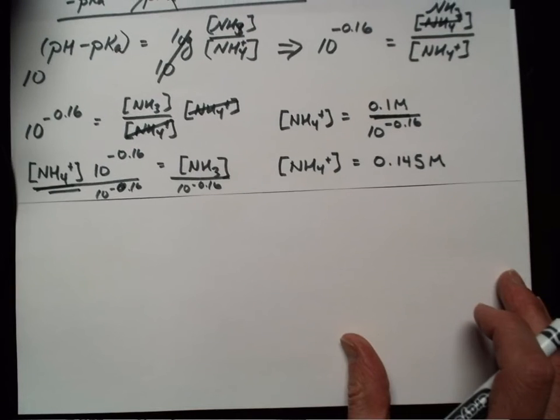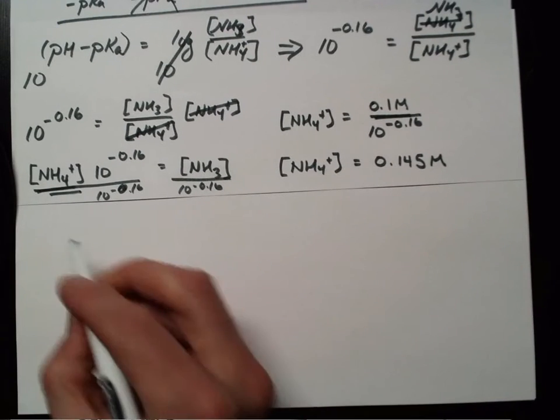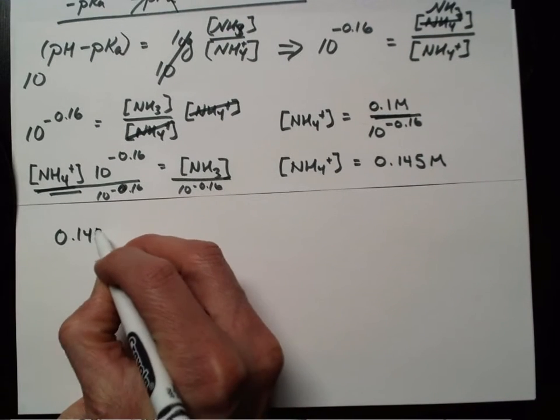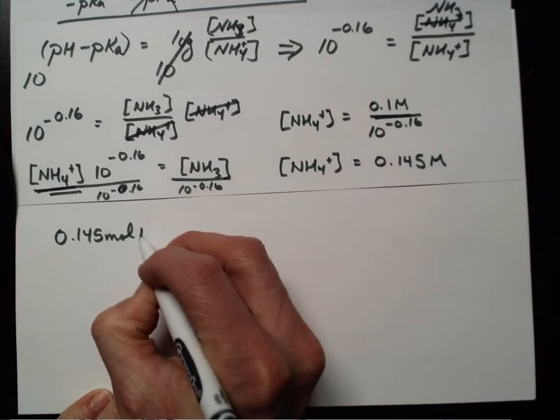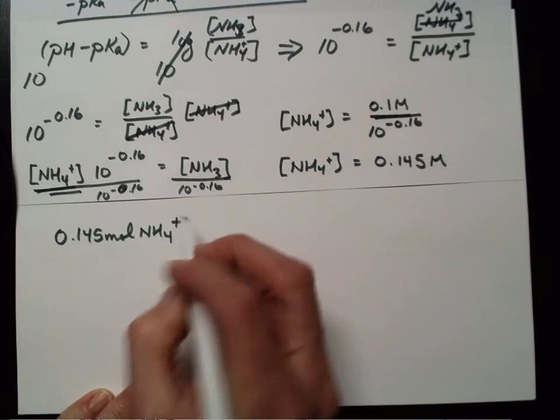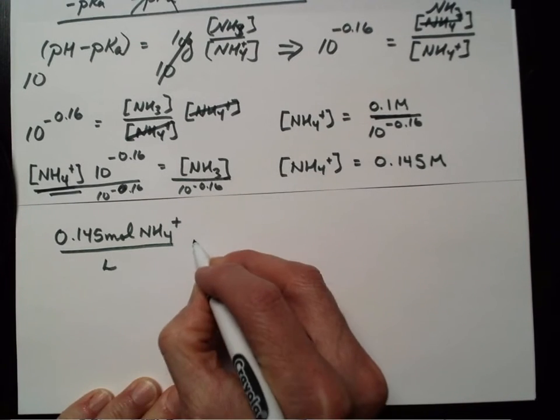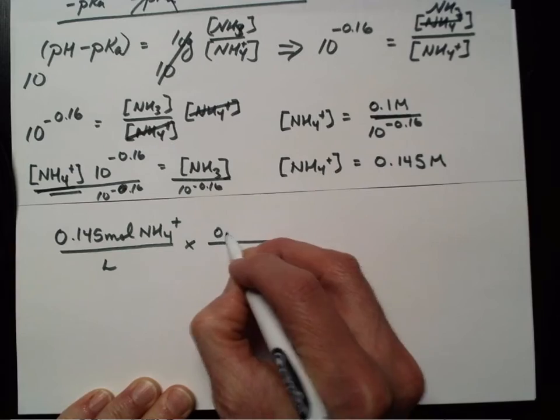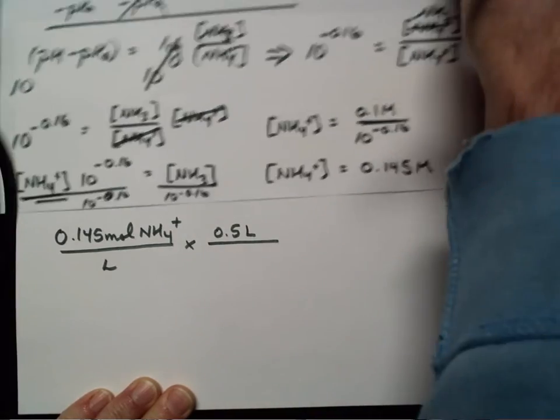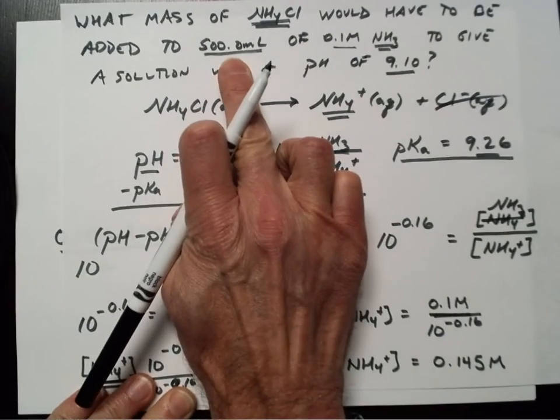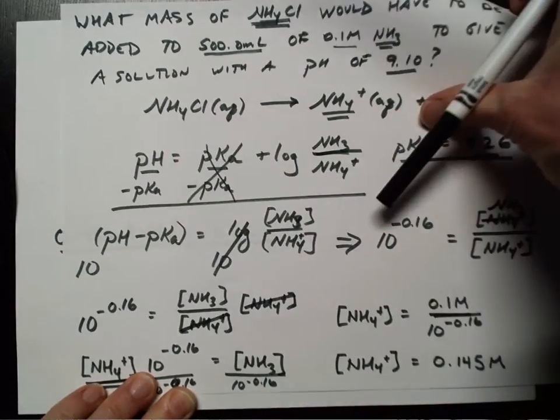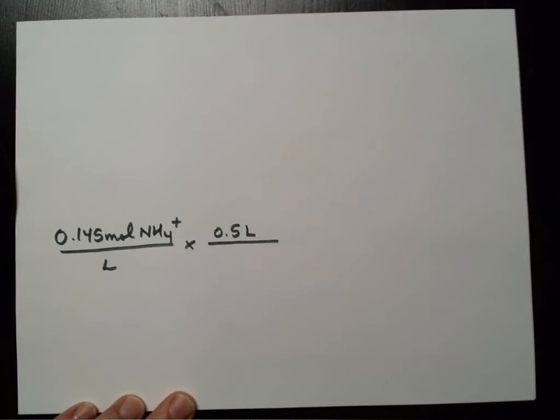Okay, so let's see here. This means I have 0.145 moles of ammonium that I'm going to need for every liter, but I only have 0.5 liters. Remember that? 500 milliliters. And I want to know what mass.